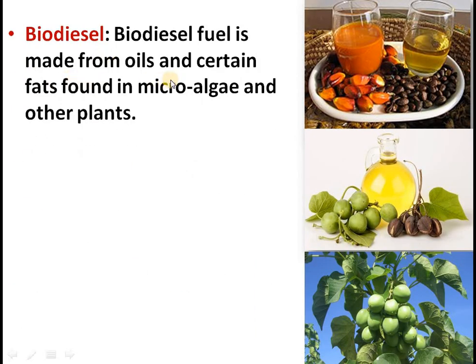Another important one is biodiesel, and it is made from oils and certain fats found in microalgae and other plants. There are various things like this. You can see palm kernel oil. This is the palm kernel, certain seeds produced in countries like Malaysia, and this is the raw palm oil.